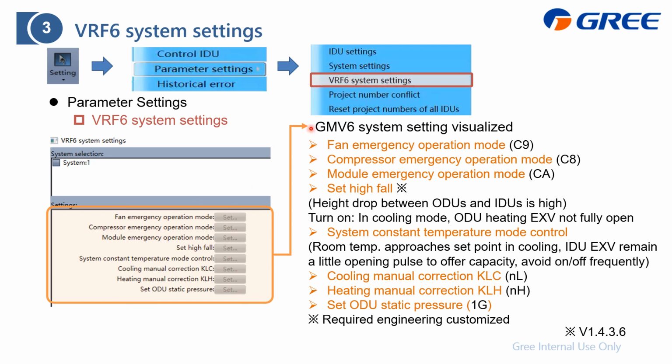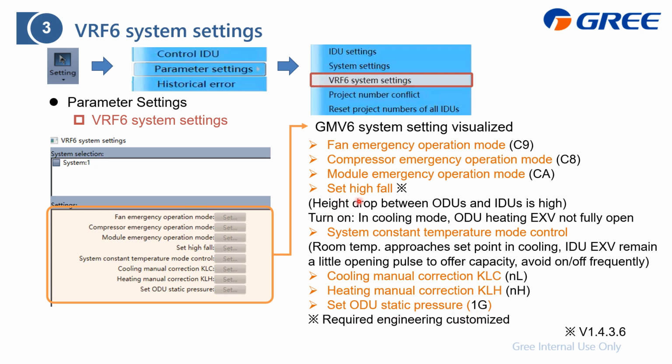You can also find that this is the setting for the GMV6, which we made visual, which means you can also set it on the outdoor unit, including the emergency mode for the fan, for the compressor, and for the whole outdoor unit. Here we call it module, which is the C8, C9, and C8. And also you can set the outdoor unit ESP from here, this 1G.